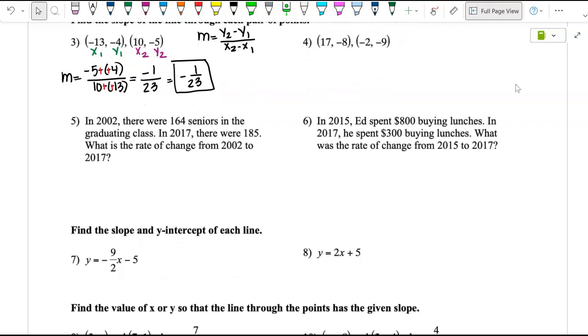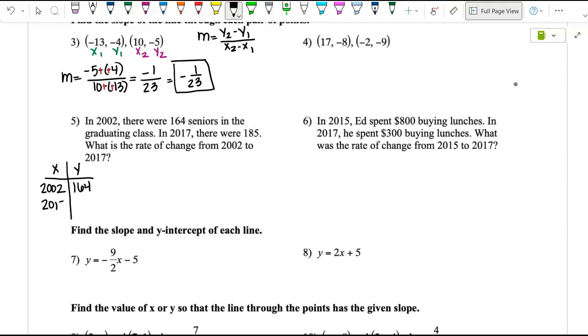All right, in 2002, there were 164 seniors in the graduating class. In 2017, there were 185. What is the rate of change from 2002 to 2017? Well, we can make a small XY chart. In 2002, there were 164 seniors.